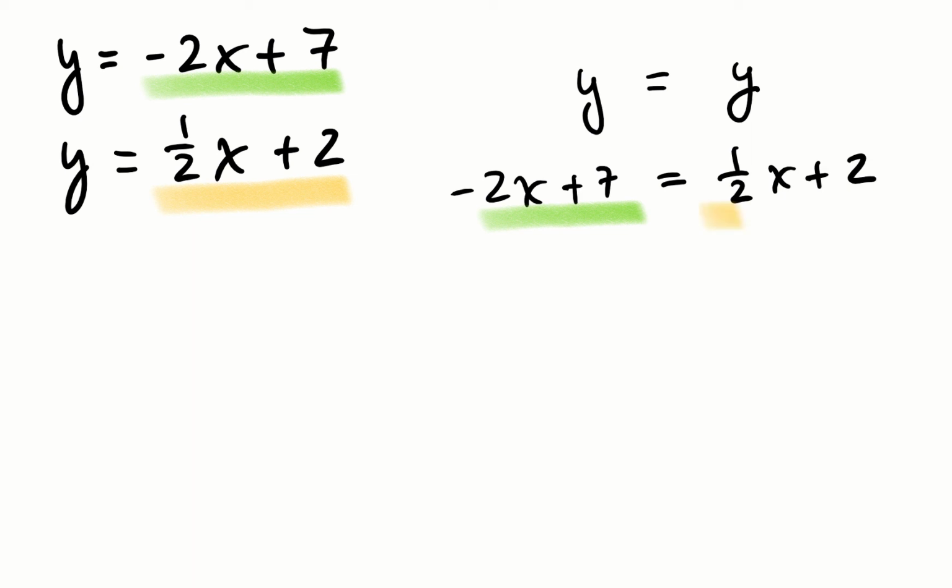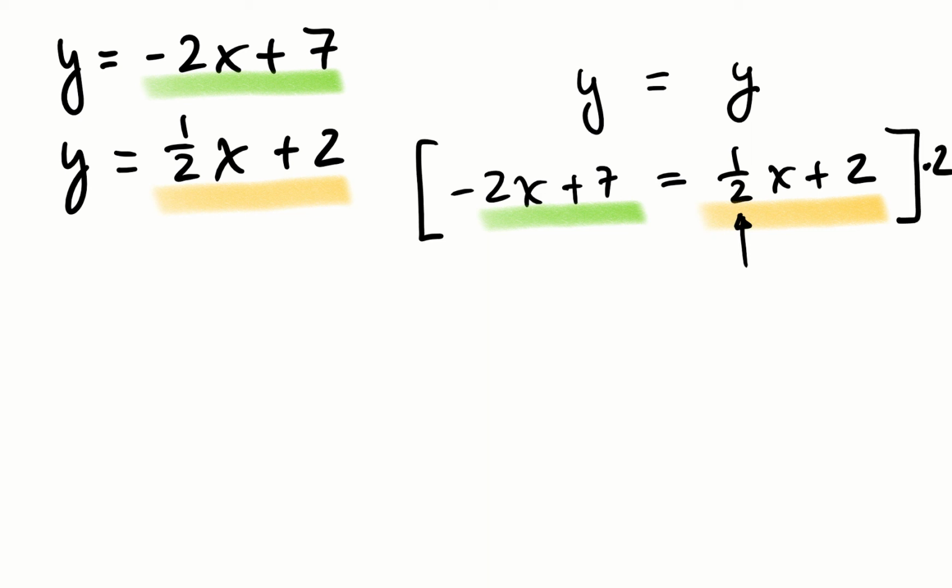As I look at this, I can see that there is a fraction, and one of the things that I typically do is multiply everything by a value that will eliminate the fraction, bust the fraction. You can see the only denominator I have is a 2. So I'm going to multiply every single term on this equation by 2.